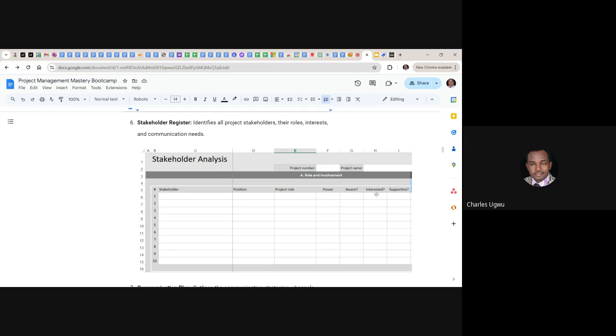Then the next is level of interest. You request a stakeholder's attention for an urgent meeting, and you find out that the stakeholder is not interested in your meeting. He is always telling you that he's busy, he's busy, he's busy.